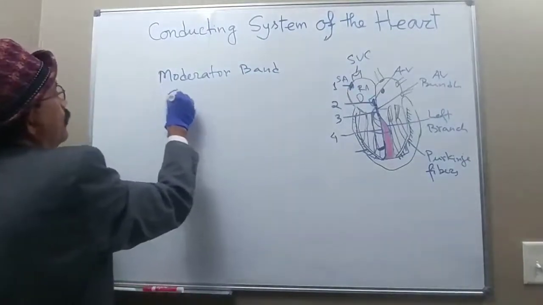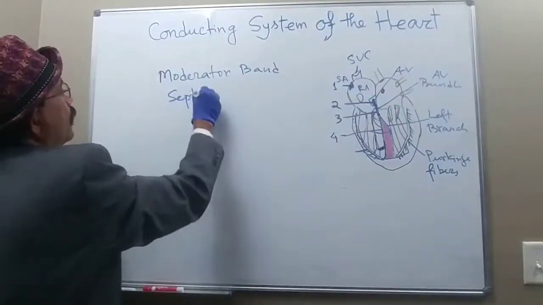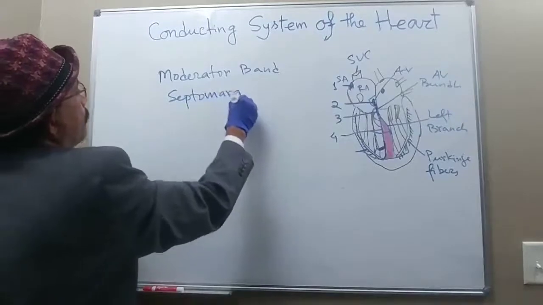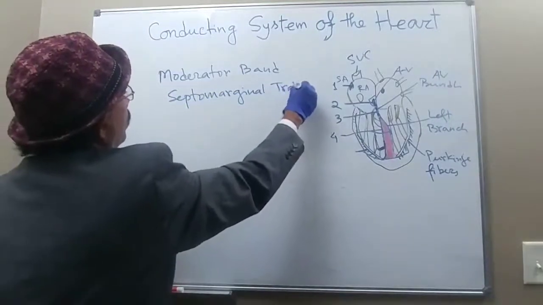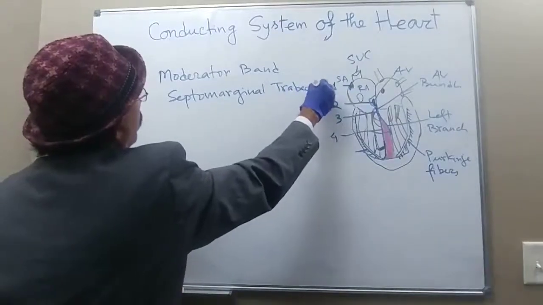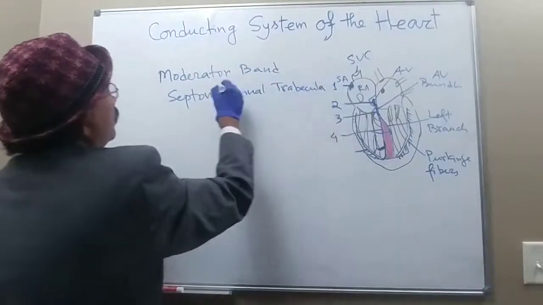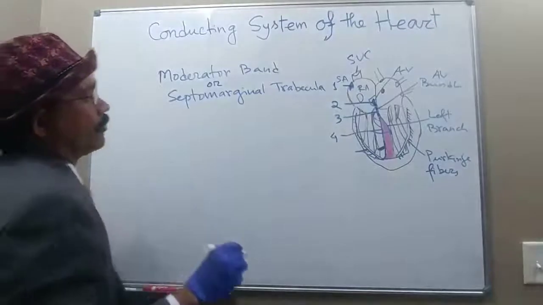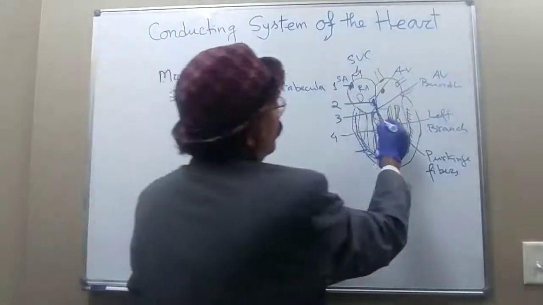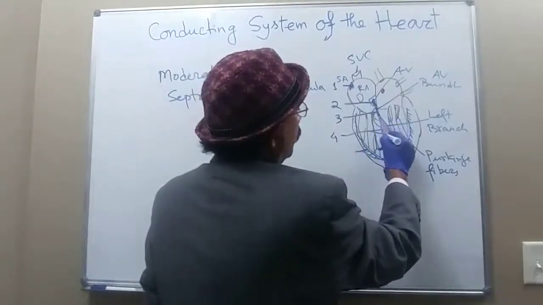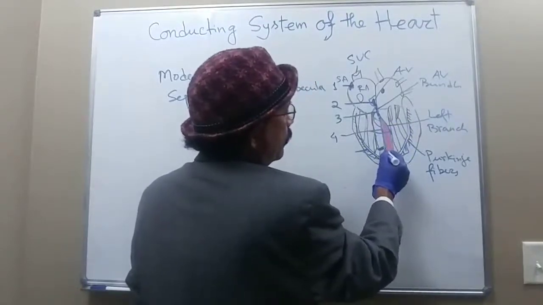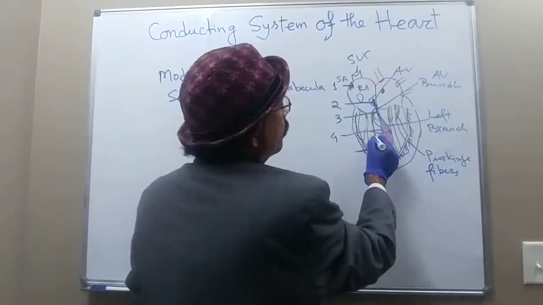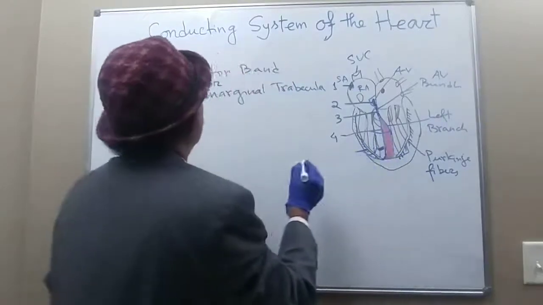Also called septomarginal trabeculae. Okay, it contains some of the fibers of the right branch of AV bundle, from the lower part of the interventricular septum to the base of the anterior papillary muscle of the right ventricle.